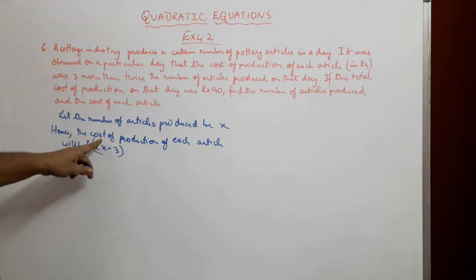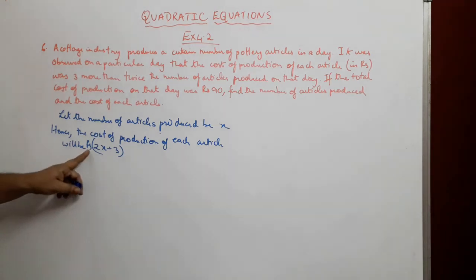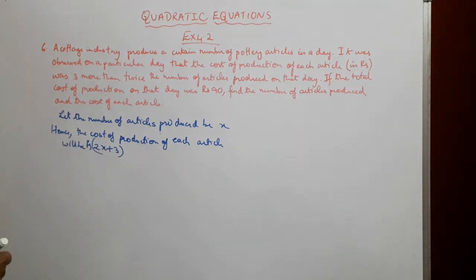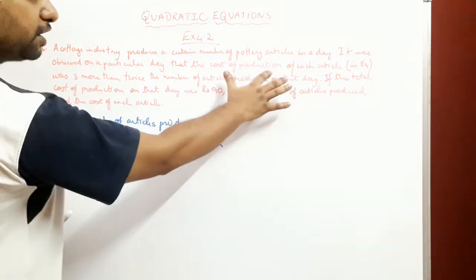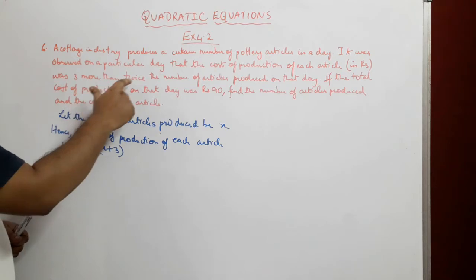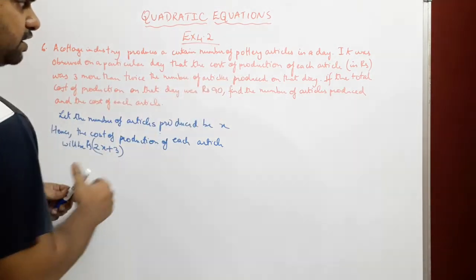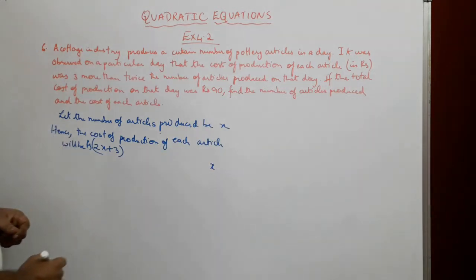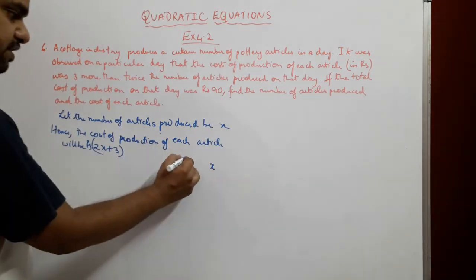Okay, here we are dealing with cost, hence it will be rupees 2x plus 3. Why 2x plus 3? See, here it is given the cost of production of each article is 3 more than twice the number of articles produced. We have assumed the number of articles produced as X over here, and this says it is 3 more.